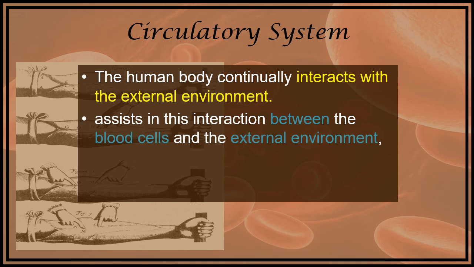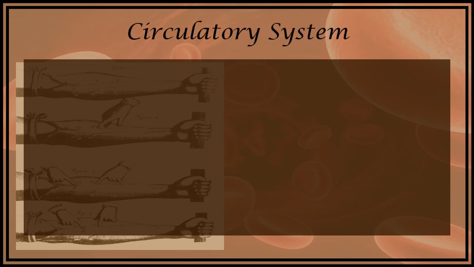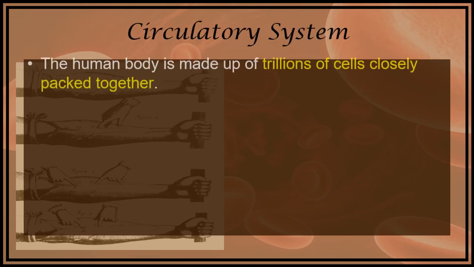How do we get sugar to our blood and to our muscles to do things? How do we take it in from the external environment, so air and food, and then how do we get it into our bodies? Also, when we have a virus or a cold, like right now, how do we defend against these pathogens? The answer is our circulatory system, and we're going to look at all of this.